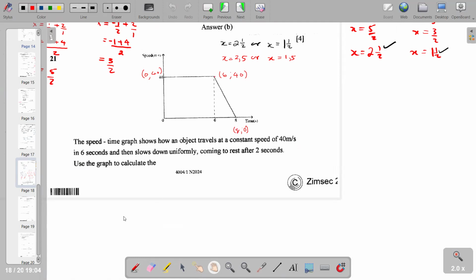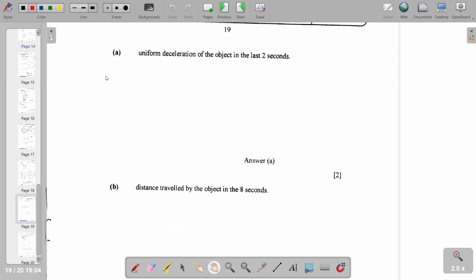We have 6, 40, and we also have the coordinates at 8, 0. We have to know that deceleration or acceleration is just change in y with respect to change in x. It simply means the same as gradient.